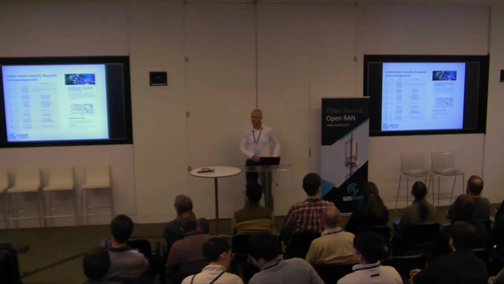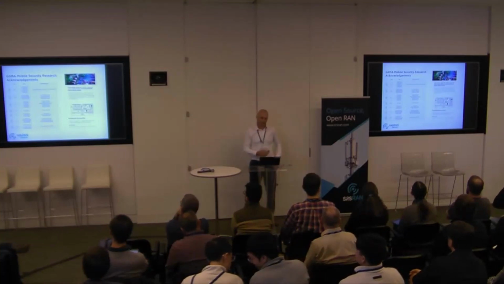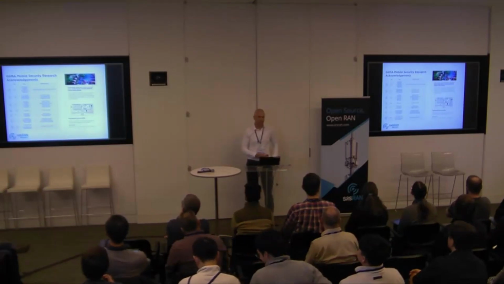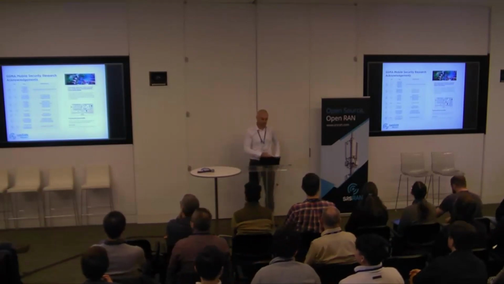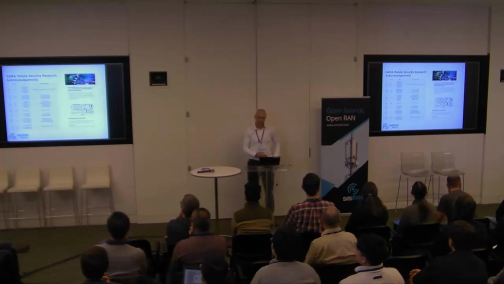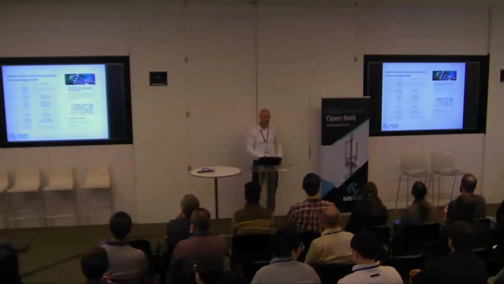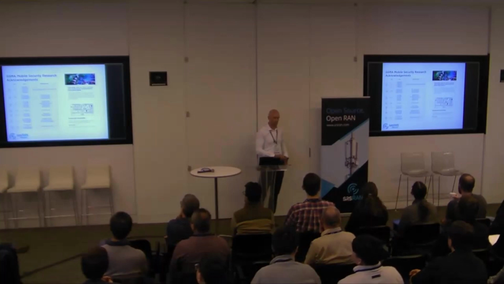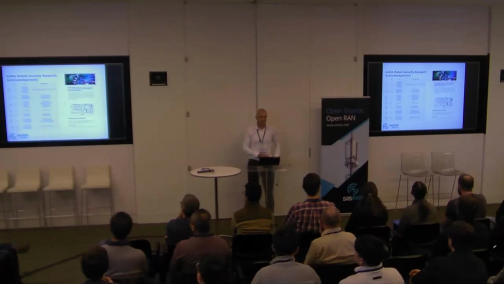You'll have already seen that security is a big focus for the workshop here. The GSMA maintains a mobile security, it used to be called the Hall of Fame, it's now called the Research Acknowledgements. Since 2017, there have been about 41 coordinated vulnerability disclosures through the GSMA.